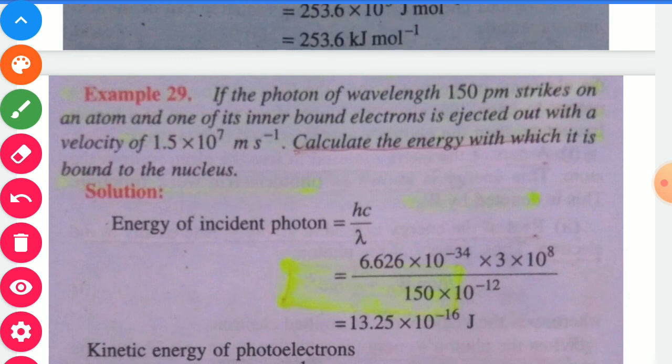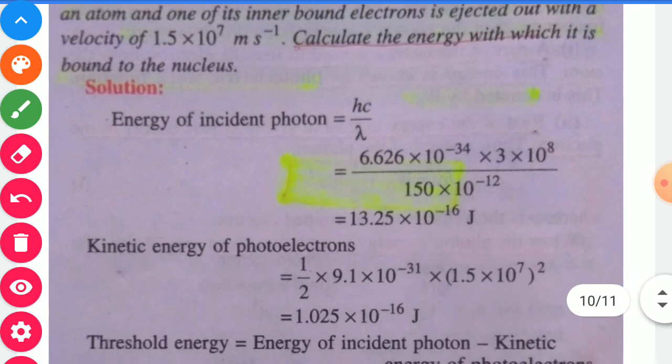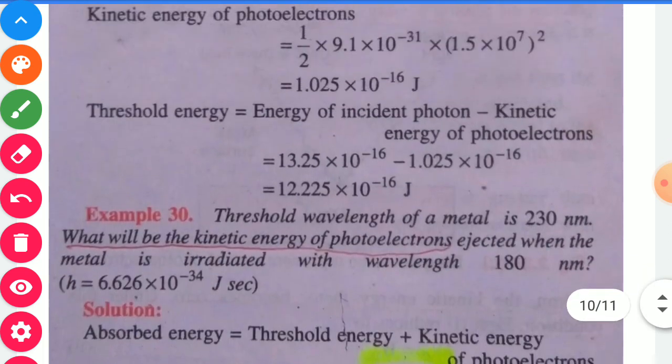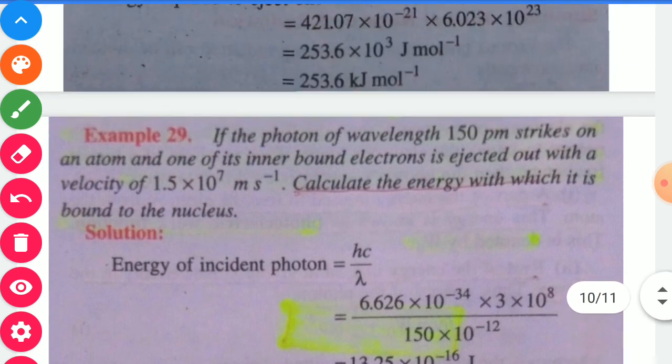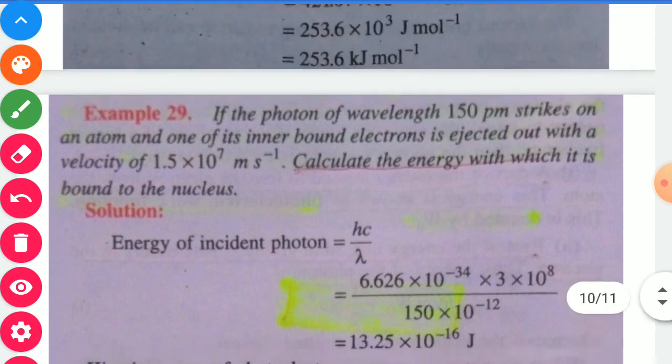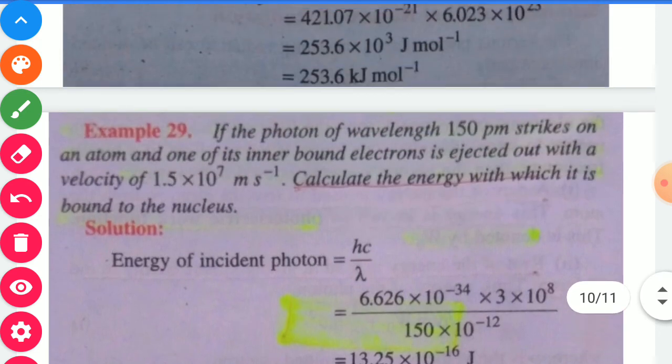So here energy of incident light we may find, because the lambda value is given in the question. Means in this question we have to find out the value of work function, that is the threshold energy we have to find in this question.